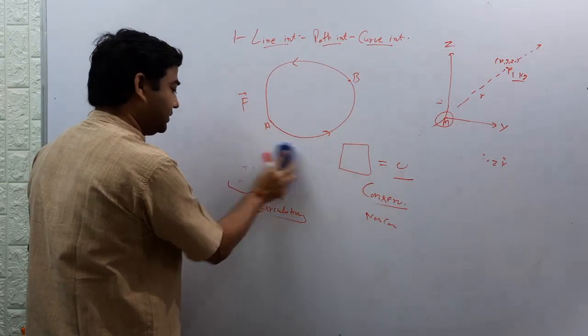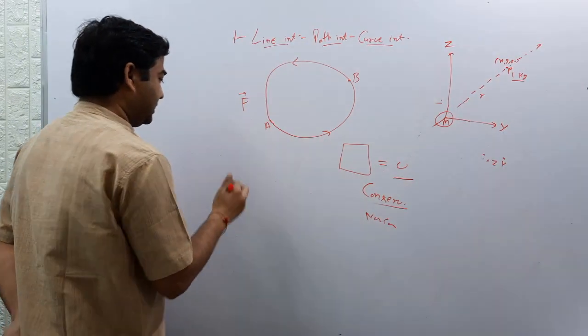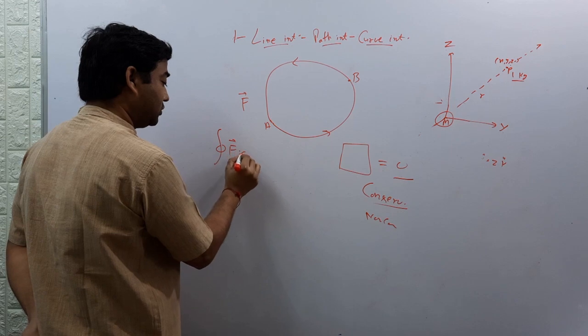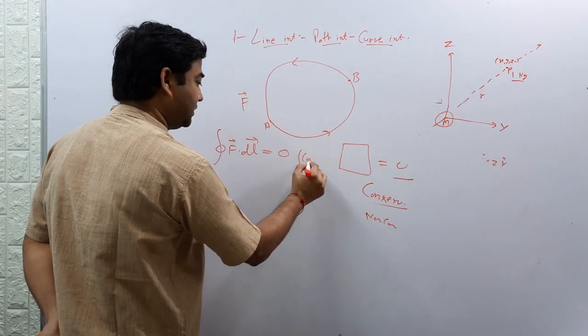So we can write here, for a closed path, if the circulation of a field along this closed path is 0, then it is called a conservative field.